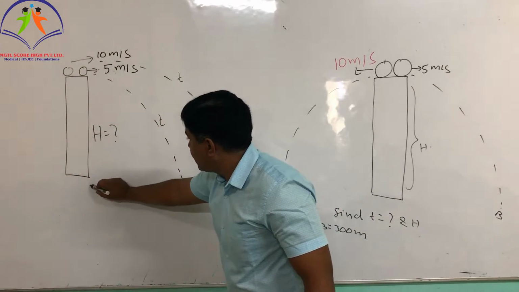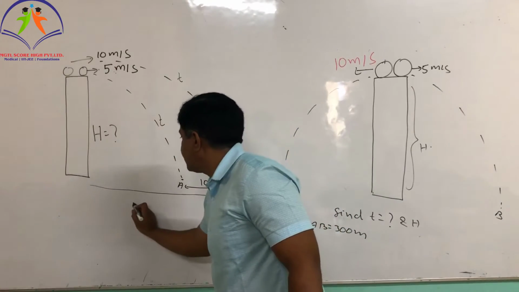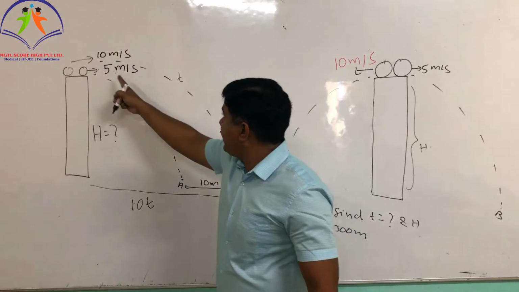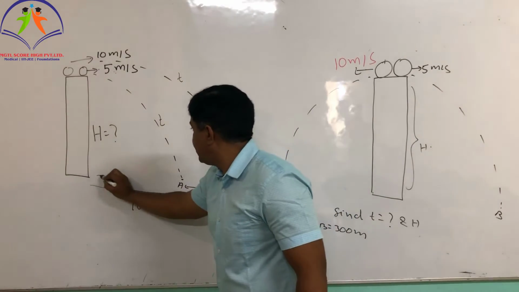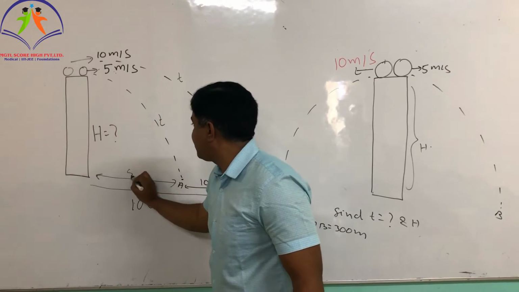So for B, speed into time, that is 10t. See how simple it is. And for A, 5 meter per second, speed into time, 5 into t, that is 5t.